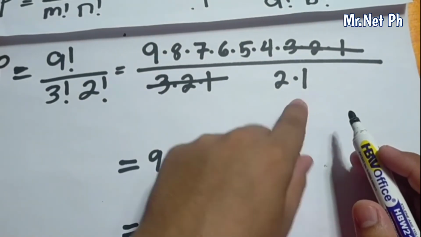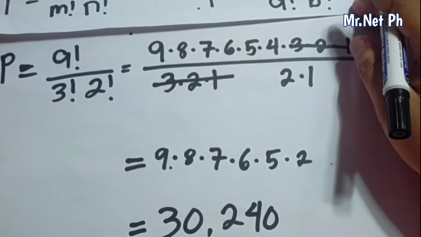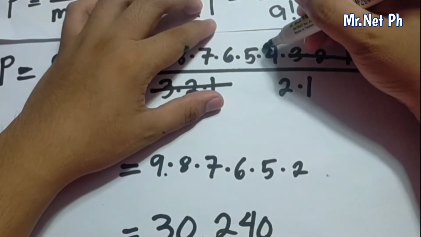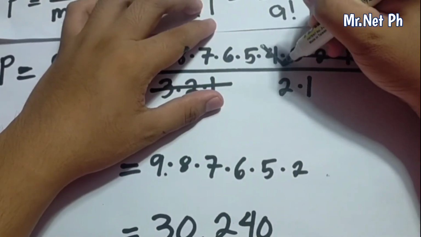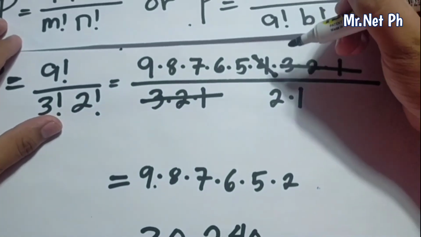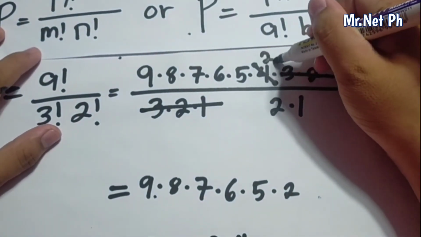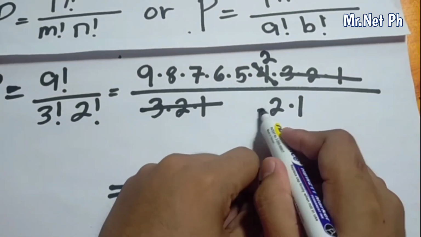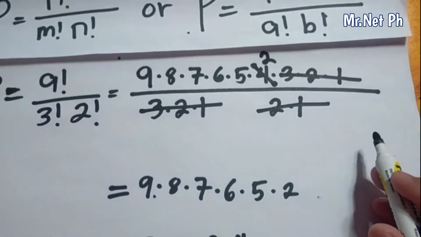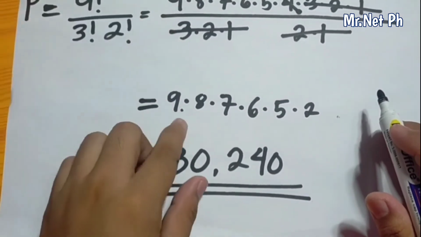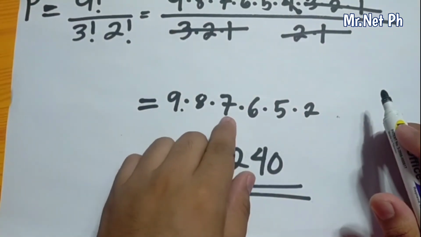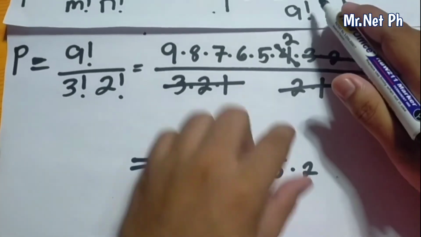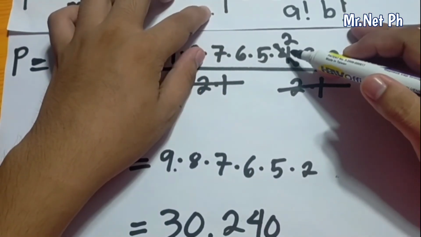So, paano yan? Ang gagawin natin, i-divide natin siya sa 2. I-cancel natin yung 4, and then gawin na lang natin siyang 2. Kasi, yung 2, dito natin siya i-cancel out. And then, ang matitira na lang is 9 times 8 times 7 times 6 times 5 times 2. Kasi, kinancel out natin yung 4.